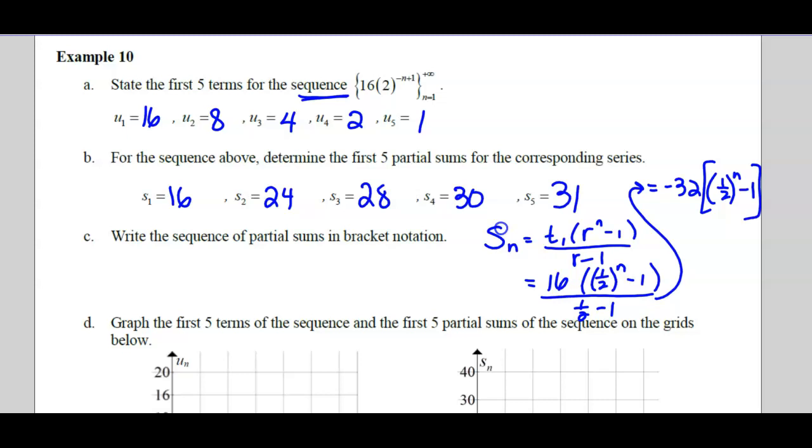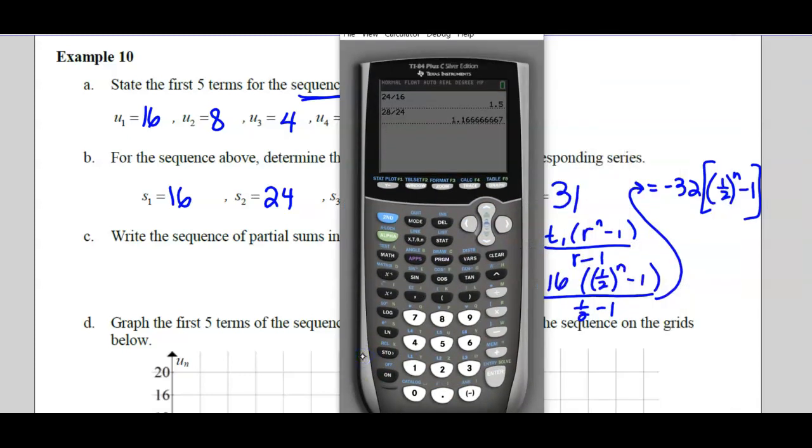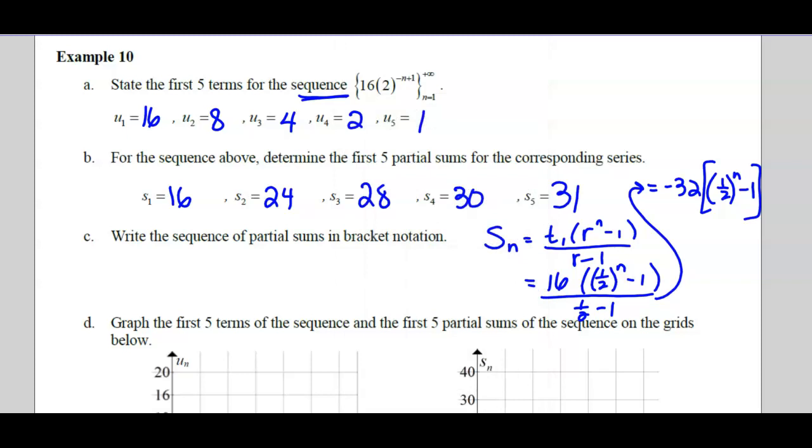Okay, so that will give you each sum. So let's check it. If I put 2 in here for n, I get a 4. So I would get 1/4 minus 1 times negative 32. 1/4, yeah. I don't know where my brain is. In any case, so this is our sum n. So this is going to be negative 32 times 1/2 to the k.